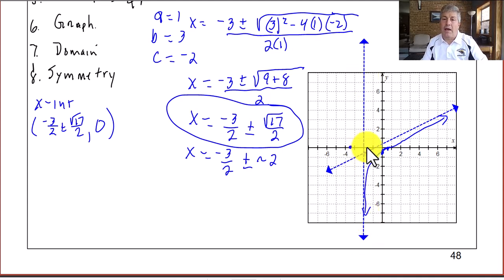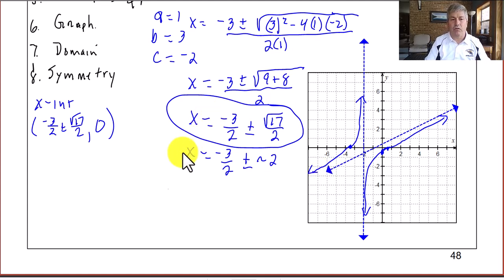For all the x values greater than negative 2, that's going to look like that. And then on the left-hand side, for all our x values less than negative 2, again, we're going to do our asymptotic behavior from our bridge across the x-axis. So I can simply do asymptotic behavior here, and that is the graph of our function.